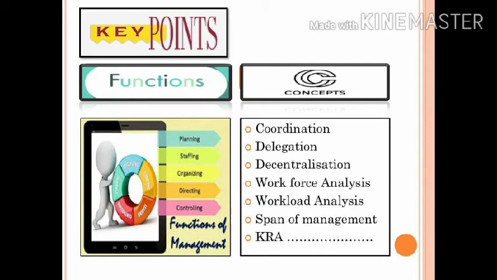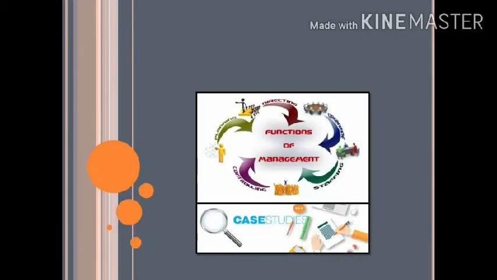So you have to start thinking about those concepts that you have studied. Clear? There are more concepts in the book, but I have taken only these because in this video we will be taking care of case studies of those 5 chapters which deal with functions of management.